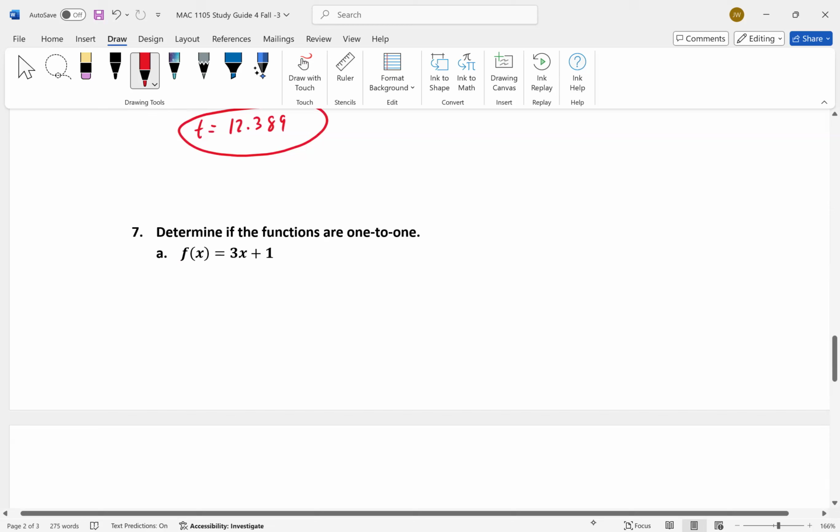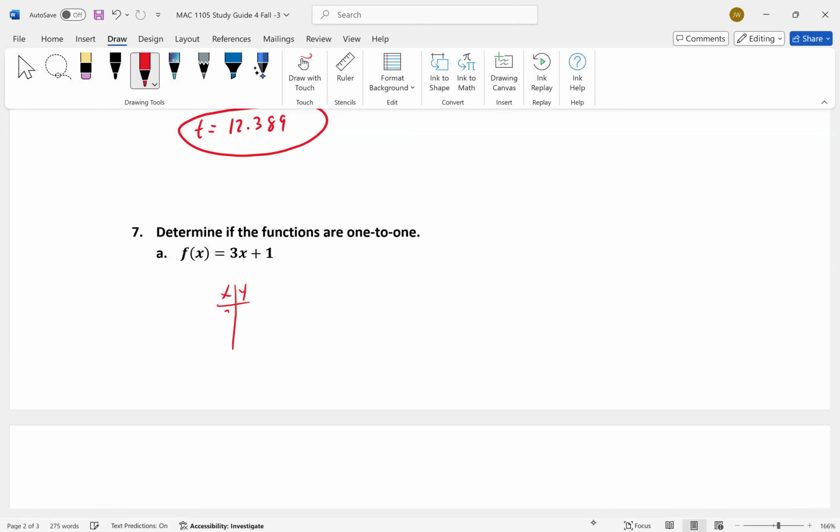Determine if this function is 1-to-1. Well, the easiest way to do it is to graph it. So let's find a few points. If x is 0, f of x would be 1. If x is 1, f of x would be 4. If x is -1, f of x would be -2. Looking at my graph, -1, -2, 0, 1, 1, 4.